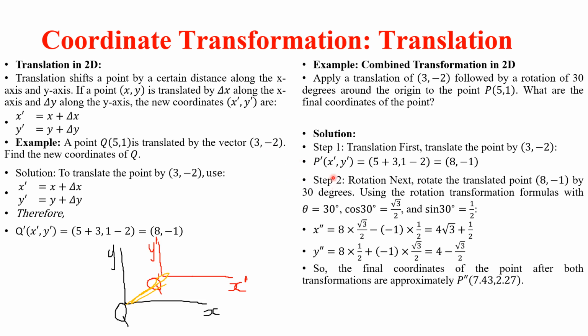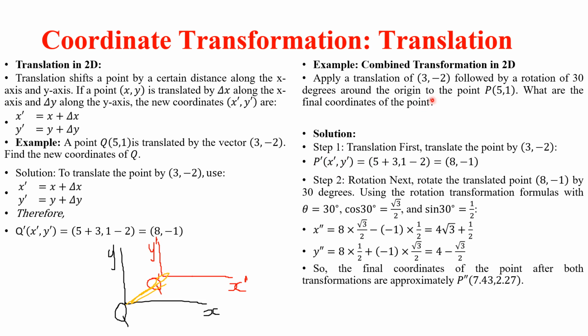We perform the rotation operation on this point, and of course, the angle of rotation is 30 degrees. So what we just do is recall the general equation mentioned earlier. And of course, this position, you can see it is P prime.